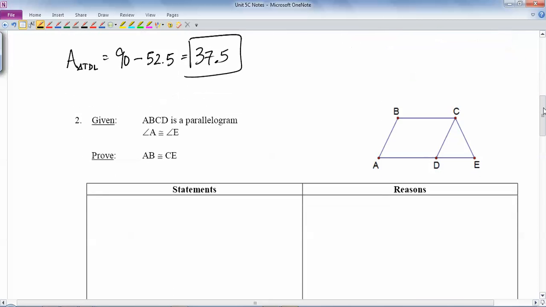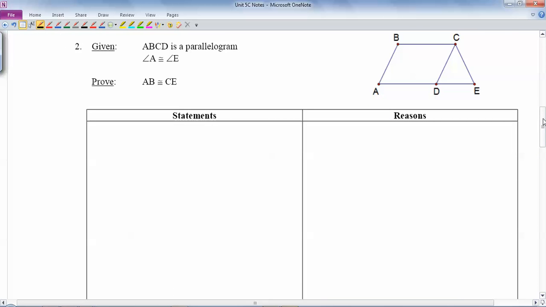Okay, so number 2, we've got ABCD is a parallelogram. Remember, since it's a parallelogram, right away we have 5 properties of parallelograms that are going to come in handy. One of them is the definition, which says top and bottom and left and right would be parallel. Another says opposite sides will be congruent.